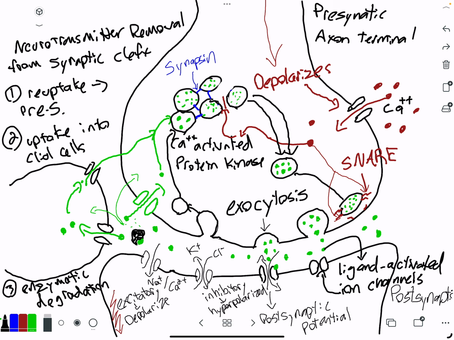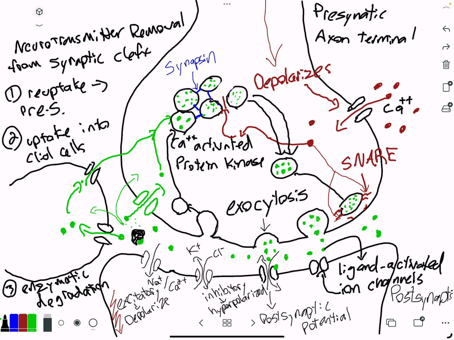It facilitates their movement down to the presynaptic membrane. It facilitates the vesicle's fusion with the membrane, and that results in the contents of the vesicle being released, the neurotransmitters, into the synaptic cleft. They diffuse across the cleft, and they bind to receptors that then become activated. And it causes some kind of postsynaptic response in the cell.